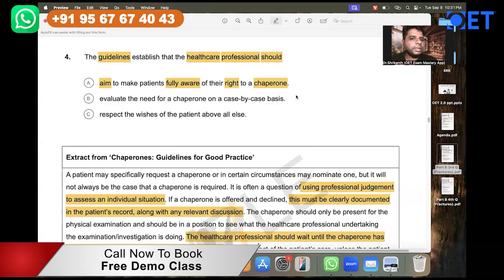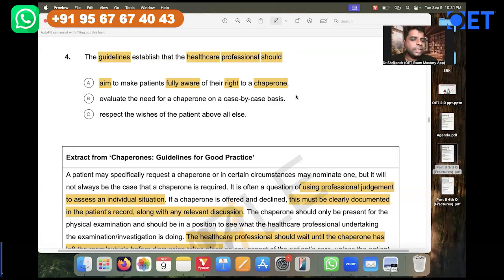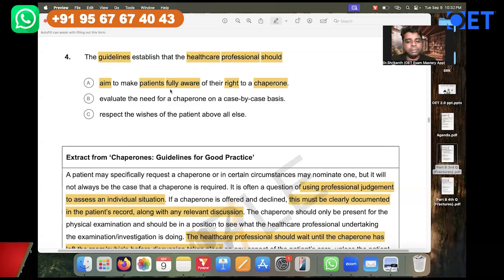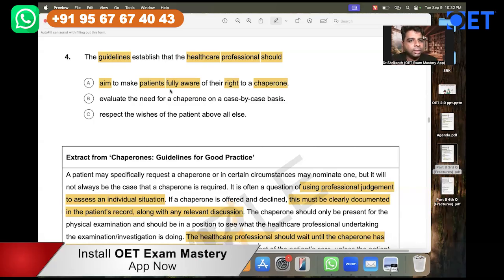So fully aware basically means fully knowledgeable. That means the main goal is to give patients full awareness. They must go to each and every patient and tell the patient, there is no need for you to be alone, in a hospital you have a right to a chaperone.